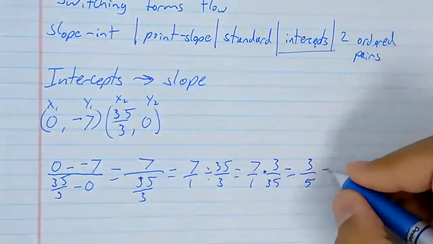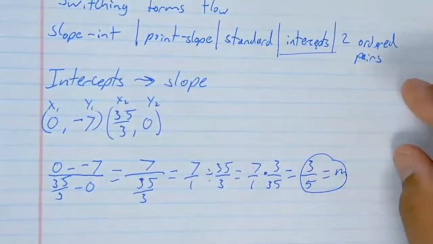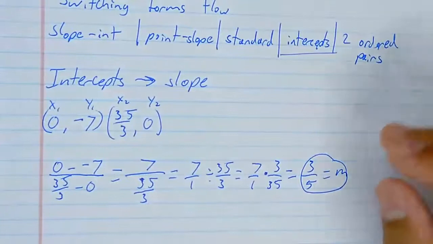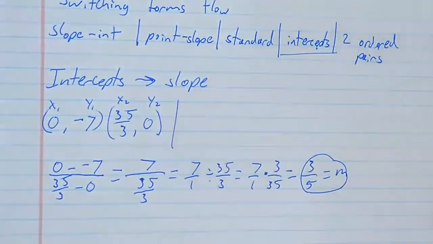So we know our slope m equals 3/5. That is the most logical place to start. It's really the only place we can go with the information we have.